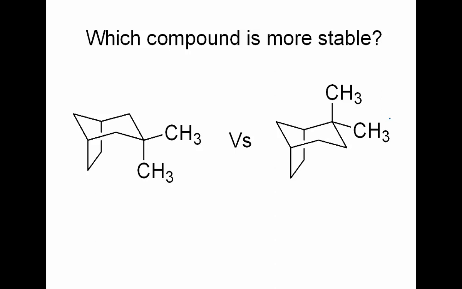Here's another question. Which of these two bicyclic compounds is more stable, and why? Again, pause the video and just think about it. I think it's pretty easy to see that there's some rather severe steric things happening in this one, right?